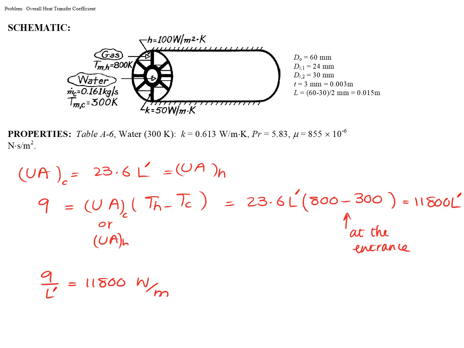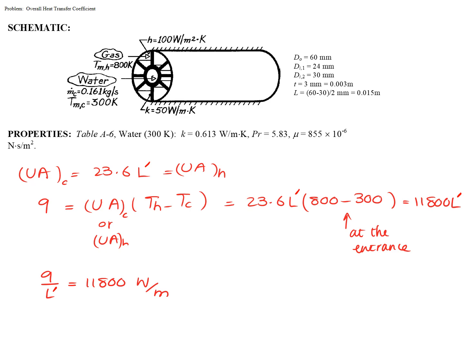But then pay attention to how we're calculating the mean difference between the temperatures of the hot gases and the water. This is a particular type of problem. We have no information about the length of the tube, and that's why we're going to assume everything on the inlets. This is not quite accurate, but we have to do this because we don't know what the length of this heat exchanger is.